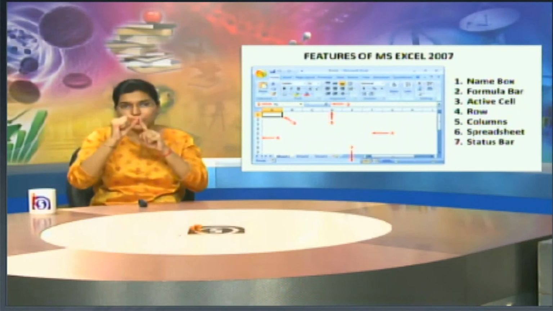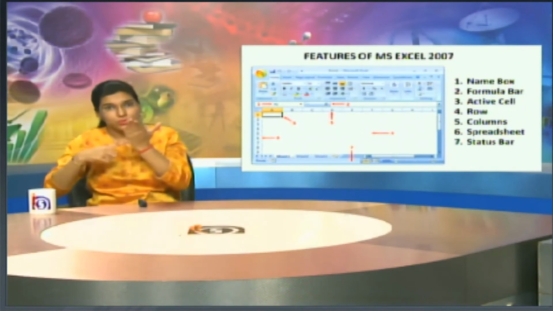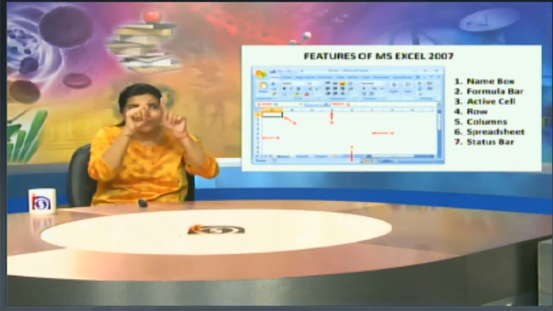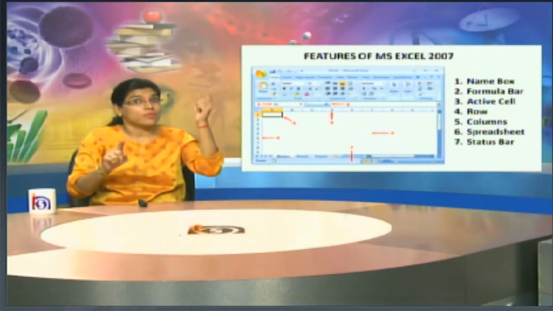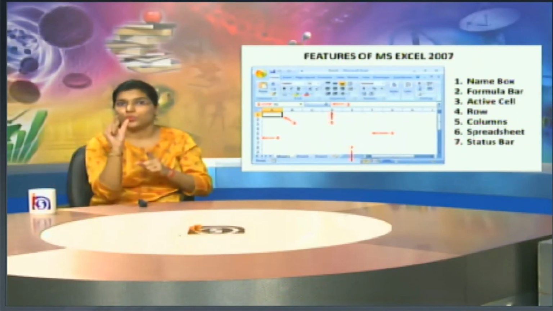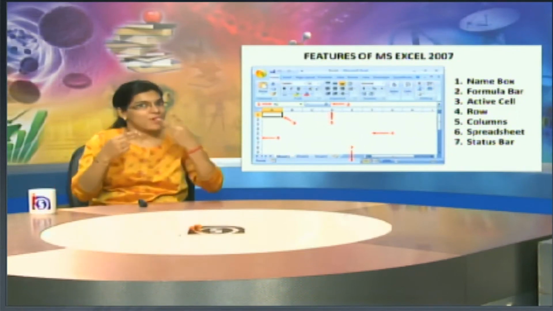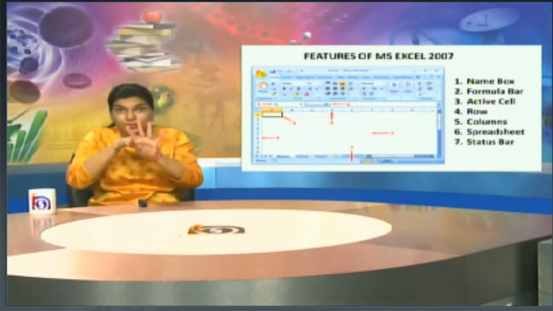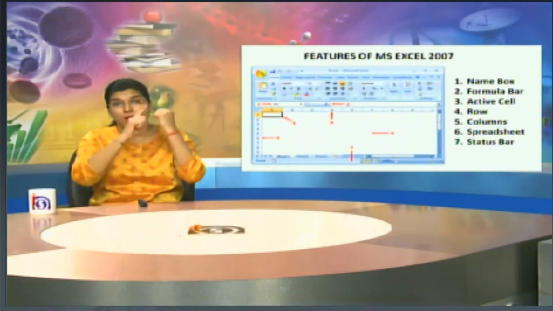Then the sixth number is spreadsheet, like this is in front of you. There are some white screens also, but that one is a different thing and this sheet is different.